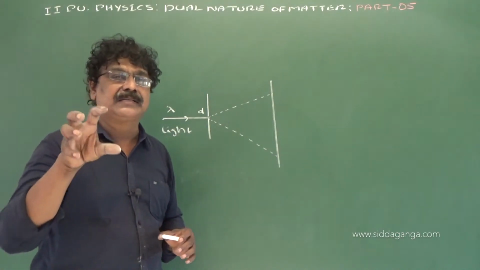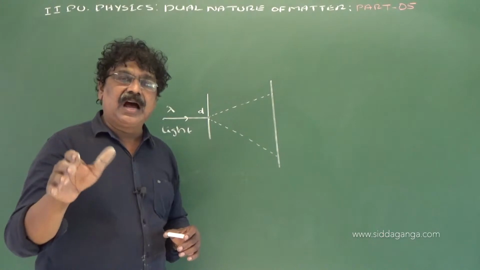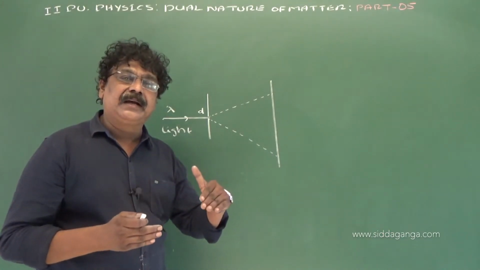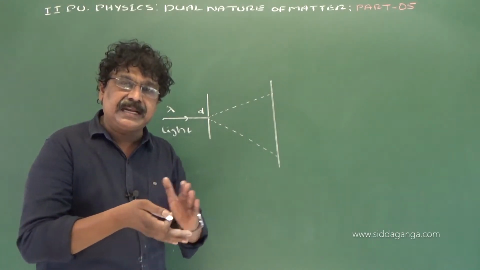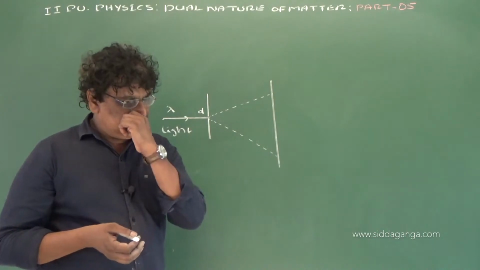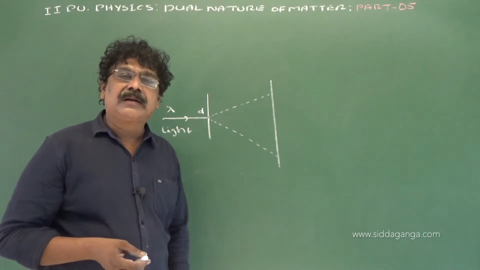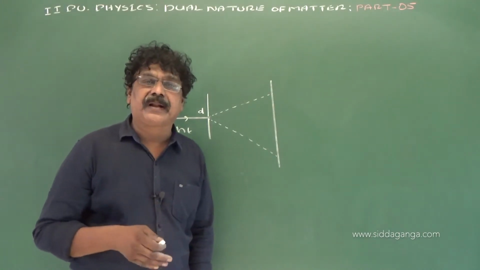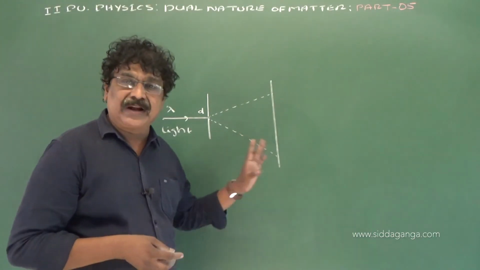The central one is called the principal maximum, which has the highest intensity among the bands, followed by alternate bright and dark bands of varying intensity and varying width. That is called diffraction of light. Not only light waves, all types of waves, electromagnetic or longitudinal, exhibit diffraction.